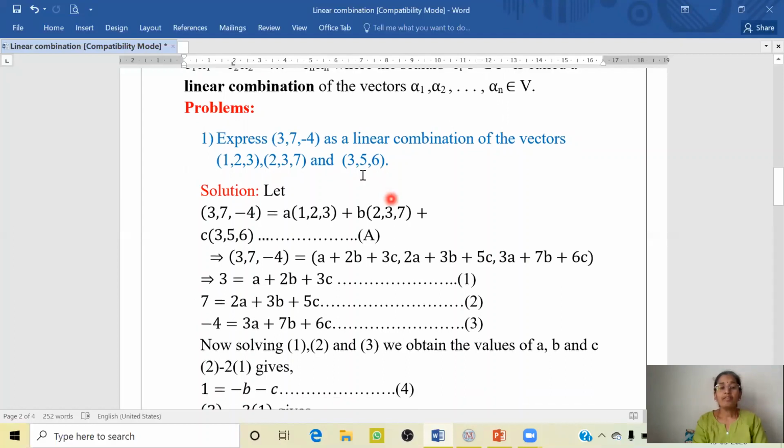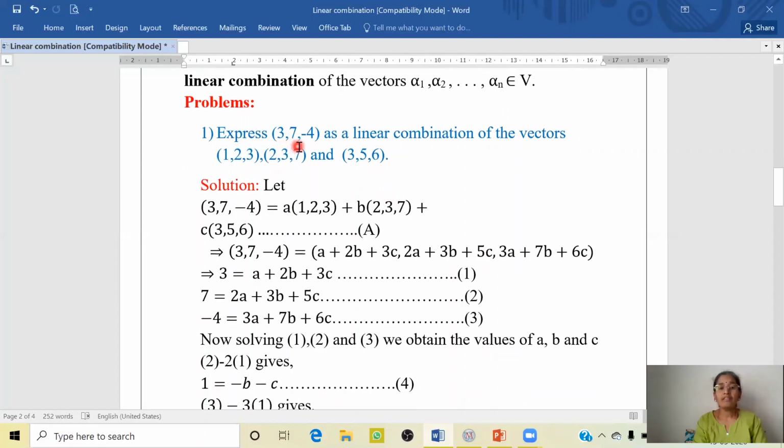So let us express the vector 3, 7, minus 4 as a linear combination of the vectors given, as A into 1, 2, 3 plus B into 2, 3, 7 and C into 3, 5, 6. Let us call this expression A.